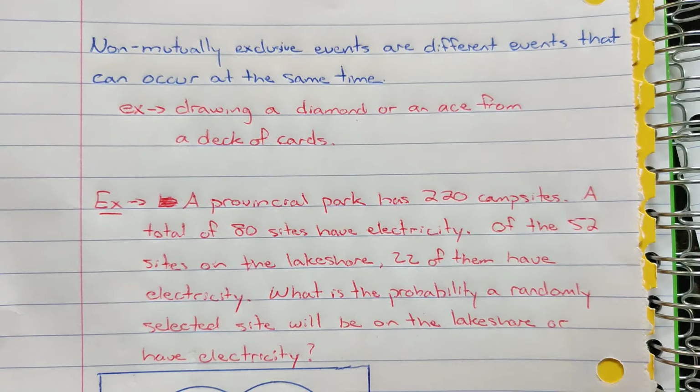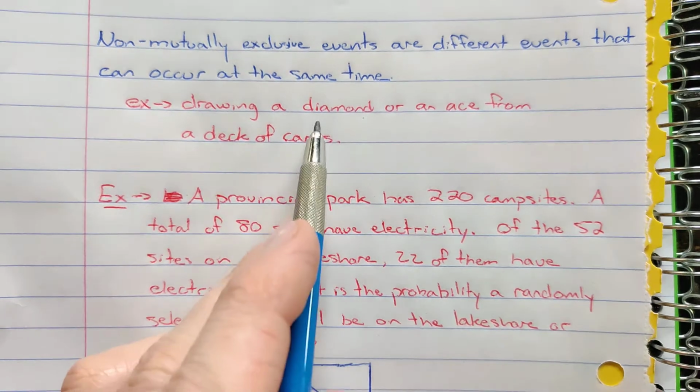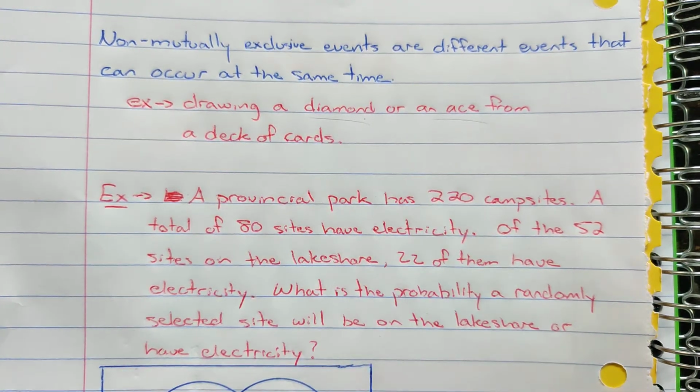Non-mutually exclusive events are events that can occur at the same time. If you were drawing cards from a deck and you're looking at drawing a diamond or an ace, you could draw an ace of diamonds. In that case, you've satisfied both that you've drawn a diamond and you've drawn an ace.